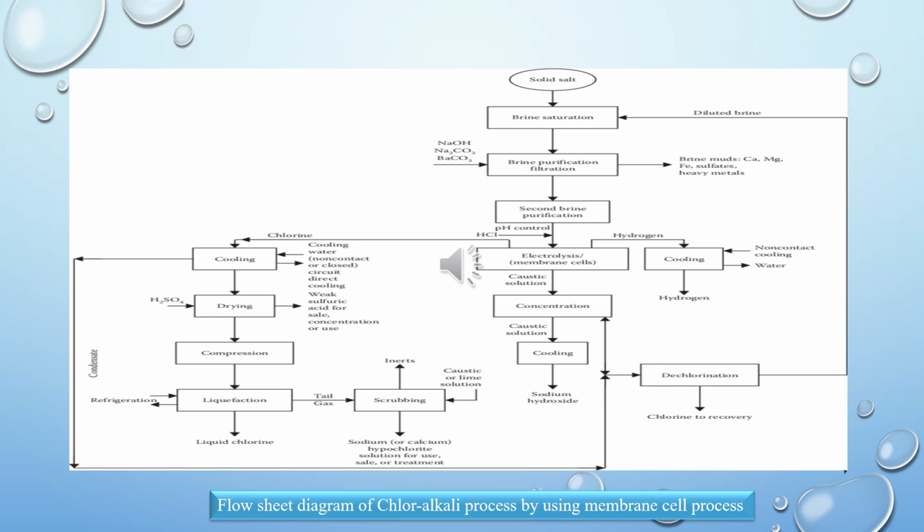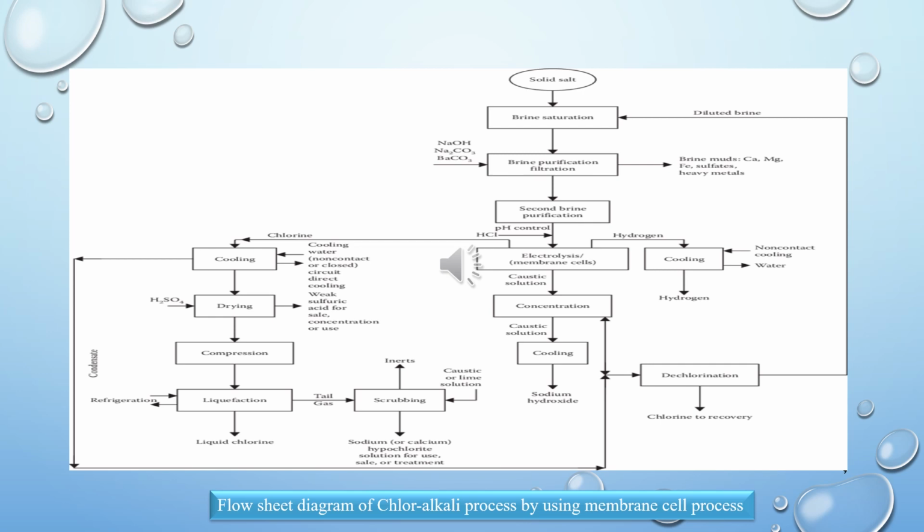Now these impurities are removed by filtering the brine solution. After the filtration, that brine solution is passed through the chamber where its pH is adjusted. Now when pH is adjusted, there is electrolysis.